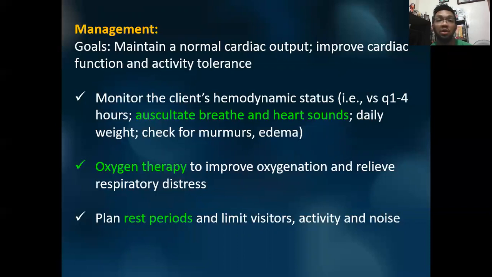One of the nursing diagnoses that you can formulate from these diseases would be activity intolerance, because they will feel tired just with a small amount of activity that they've done for the day. You also need to limit visitors, activity, and noise at the patient's house.